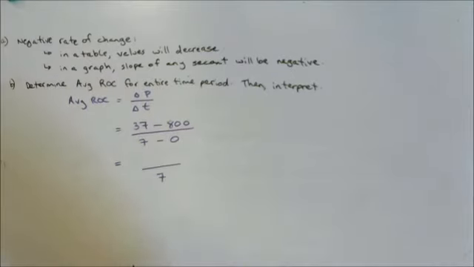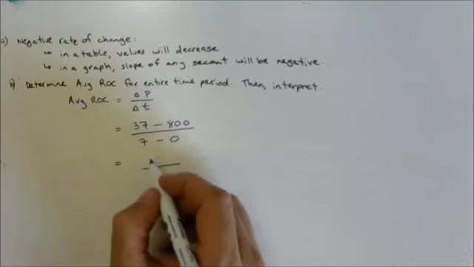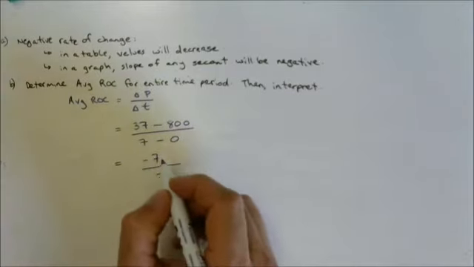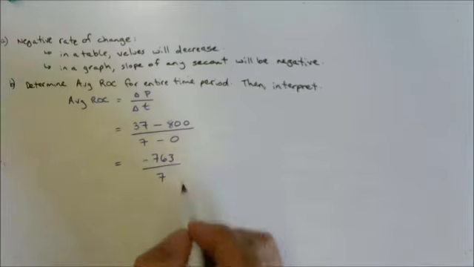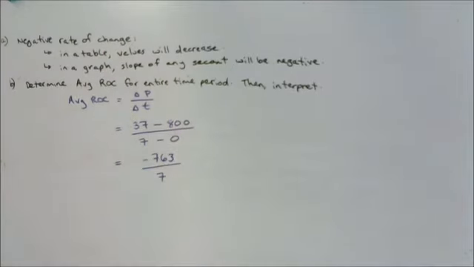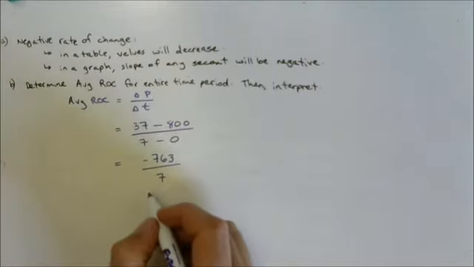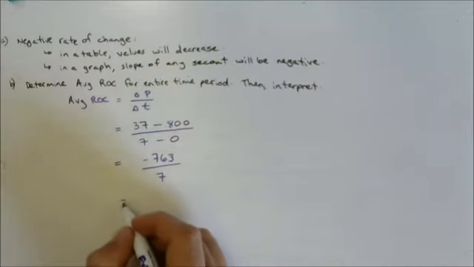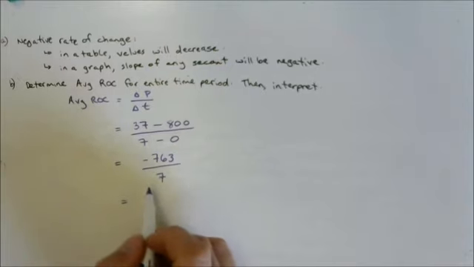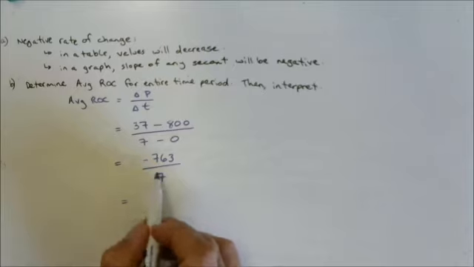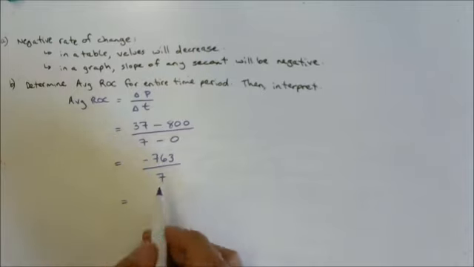And in the numerator, you have 37 minus 800, which is negative 763. Then we quickly divide that. 700 divided by 7 is 100, and 63 divided by 7 is 9. So you're looking at negative 109.